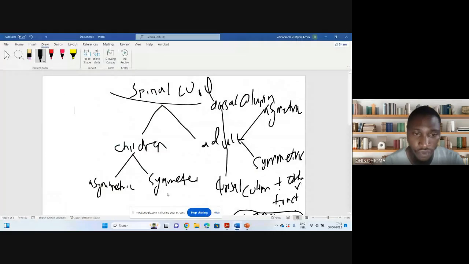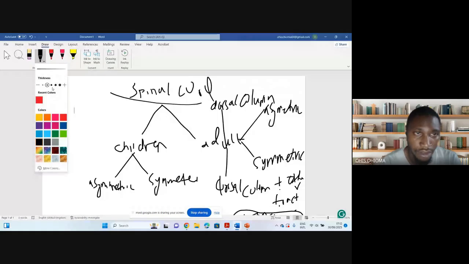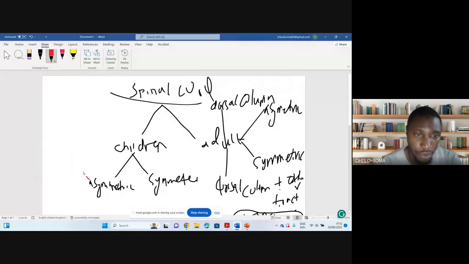So for the asymmetric one, you have polio, and then ALS. And then for the symmetric one, you have spinal muscular atrophy, or dystrophy, whichever you call it, right?